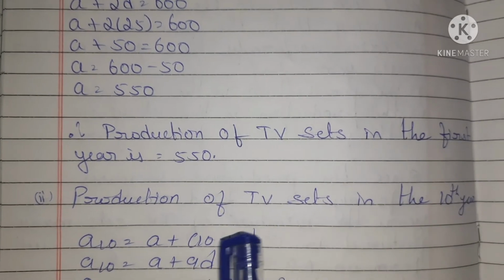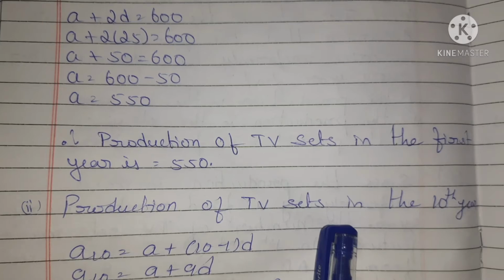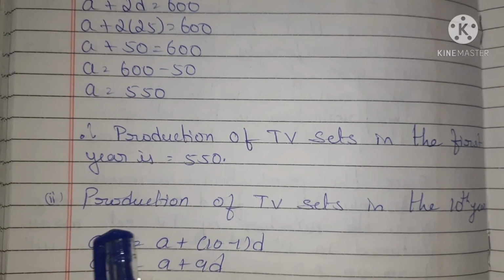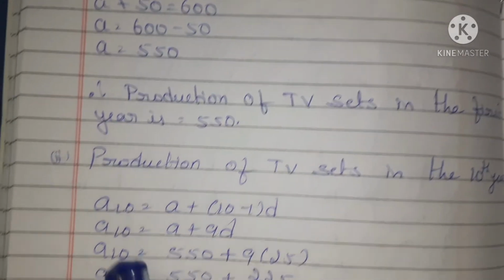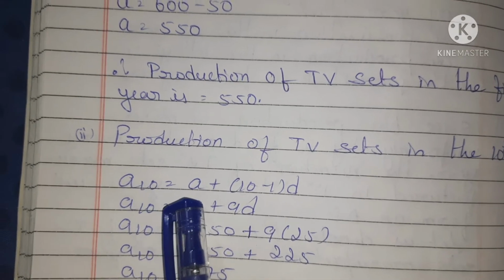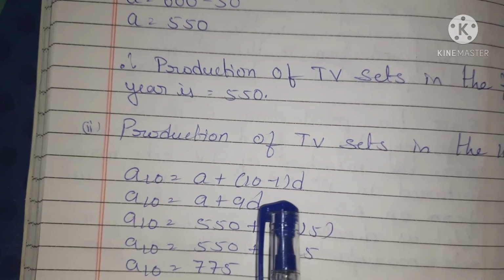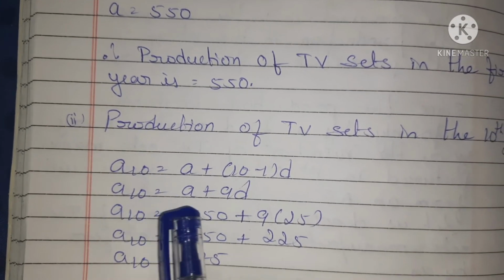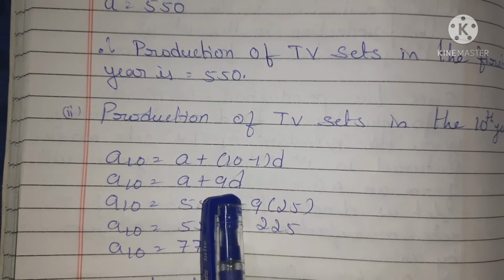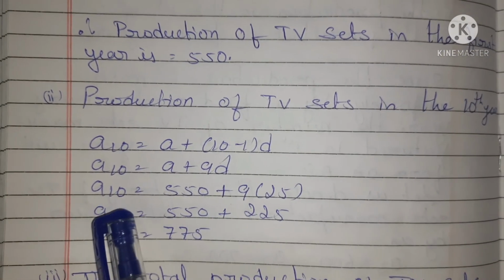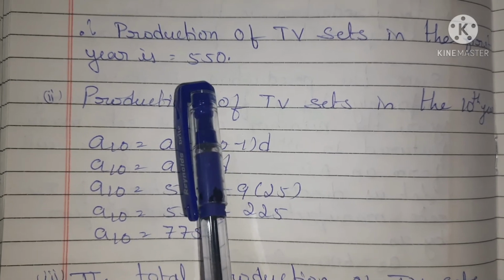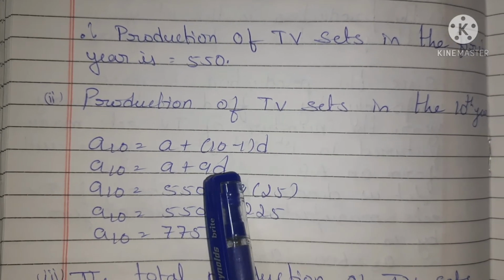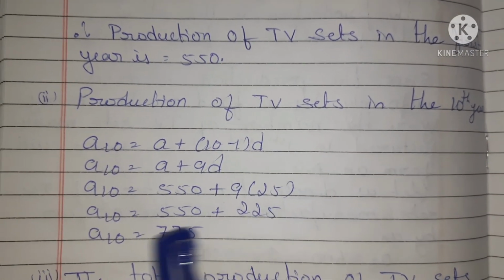Now what they ask: find the production of TV sets in the 10th year. That means A10 is equal to A plus 10 minus 1 into D. A10 is equal to A plus 9D. Here A value is 550 plus 9 into D value 25.